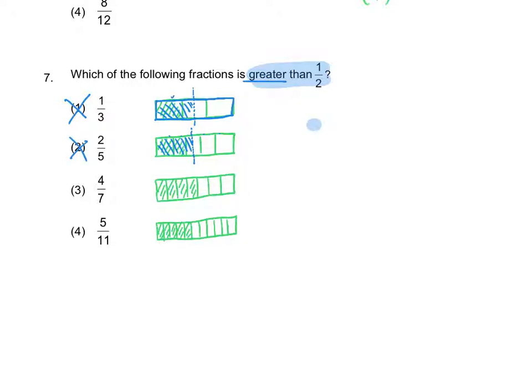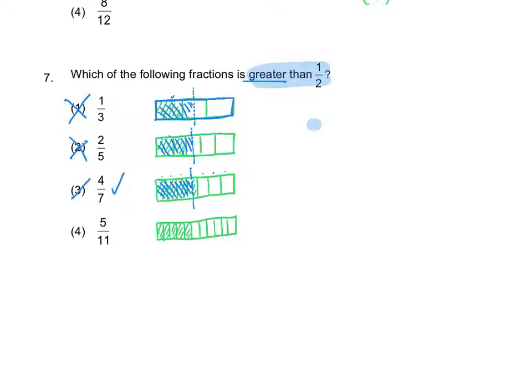Next, number 3. 4/7. So if there are a total of 7 boxes, half of 7 is 3.5. So this time around, I shade one side of the half. You notice that the green is greater, is more than the blue shaded part. So yes, this is the answer.